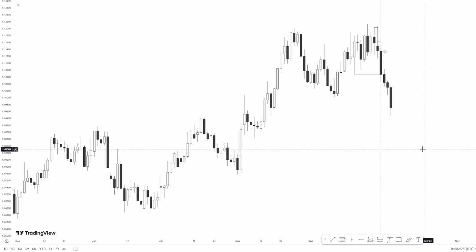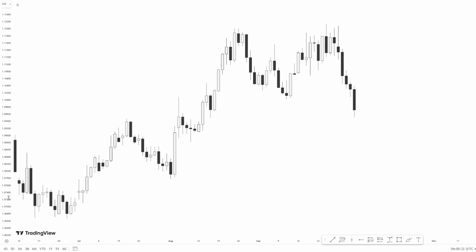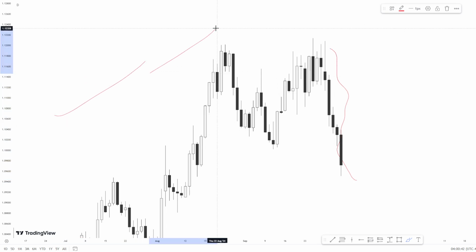And as you can see, we expanded Monday, Tuesday, Wednesday, Thursday, Friday. NFP drops this day. So when you see price action like this going into a new week, you don't do anything, because price will never go from an expansion to an expansion.